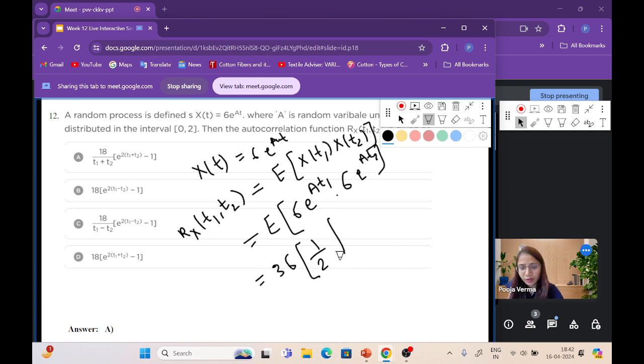integration, the mean of e to the power A t1 and e to the power A t2, which is uniformly distributed in the interval 0 to 2.